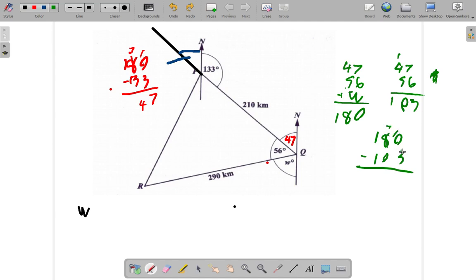Just doing my shortcut calculation, this is 77. So W is equal to 77 degrees. That's the angle. If they had asked for a bearing, it would be different, and I would have to use 3 digits, 077. But it's just the angle they asked for, so I just write 77 degrees.